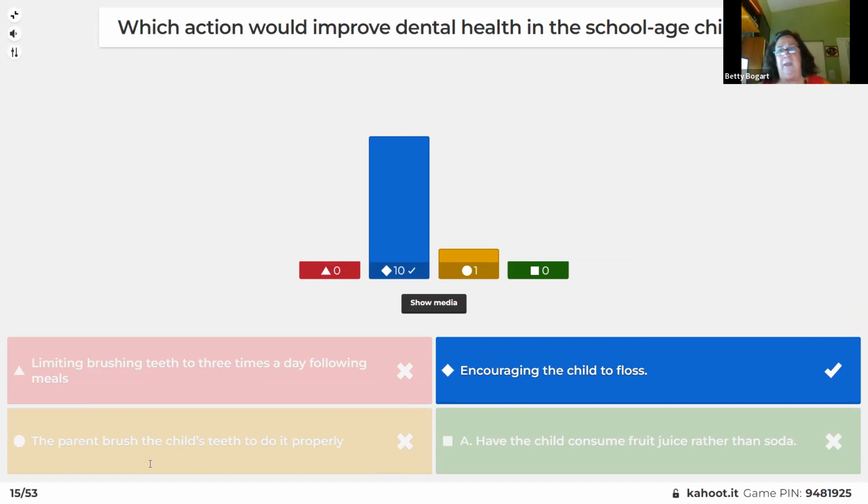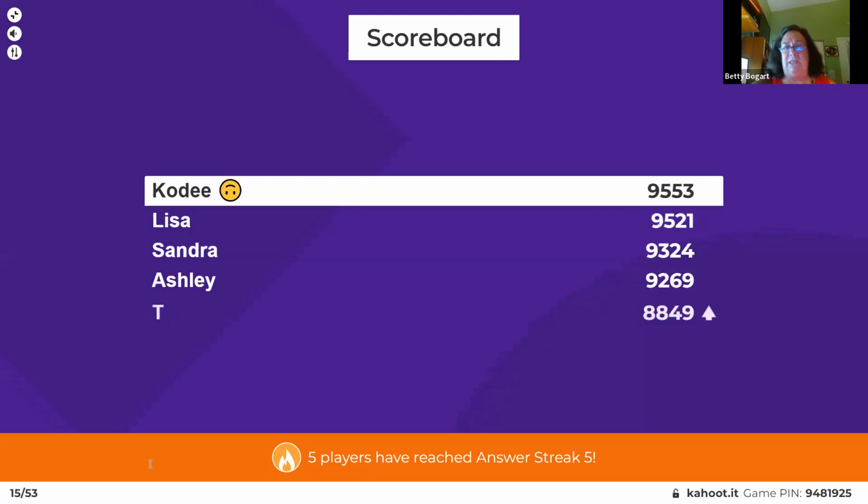But a regular school-age child, the younger ones, at least brush their teeth at night before they go to bed. They are still not coordinated enough to floss yet, okay? That's the problem. Not that they can't or shouldn't, it's just they don't know how to yet. So the older school-age child can floss. The younger one, only brushing their teeth.